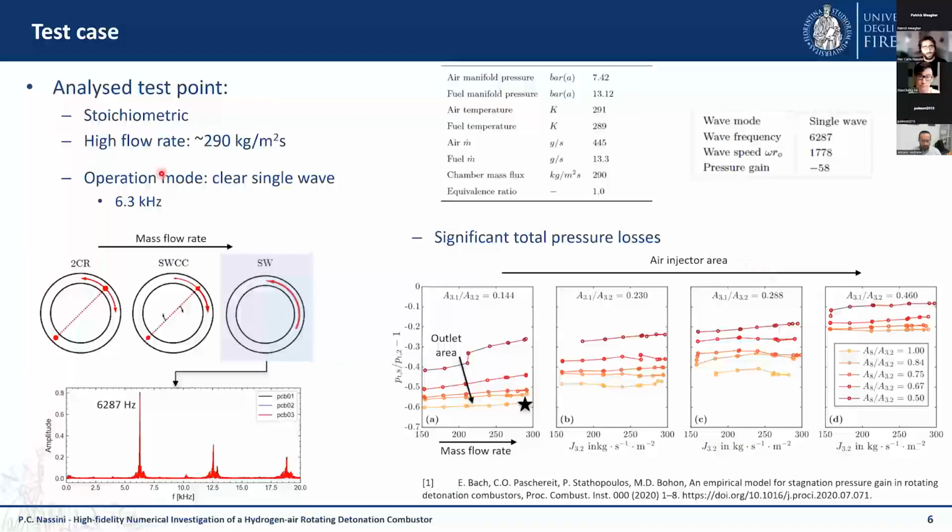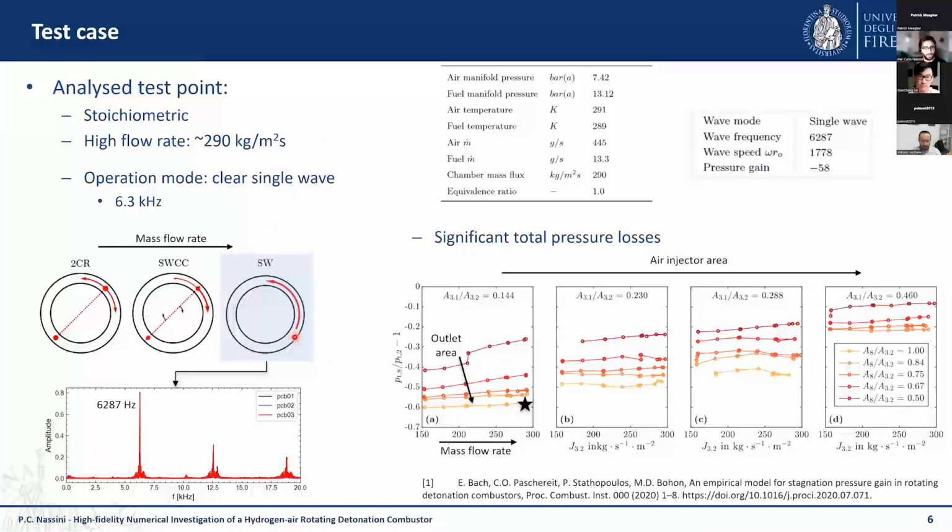For our analysis, we decided to study a stoichiometric test point. So we have the nominal mass flow rates of air and fuel in a stoichiometric ratio, and the mass flow rate inside the combustion chamber is relatively high for the capabilities of the test rig: 290 kilograms per square meter per second.